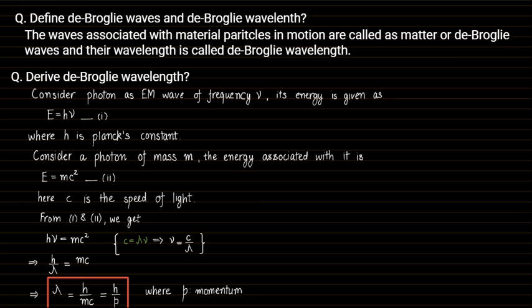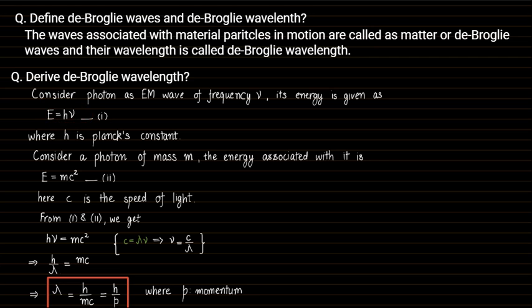Now why is this expression important? If you look carefully, here we have written energy. This energy represents the energy of a wave. If you have a wave, then its energy is E equals h nu.